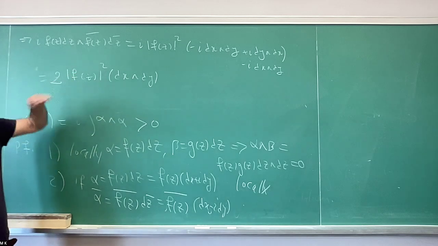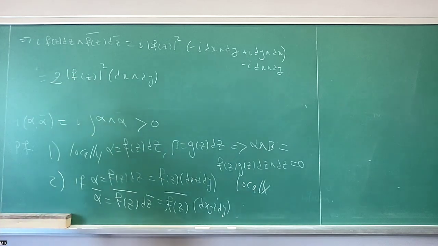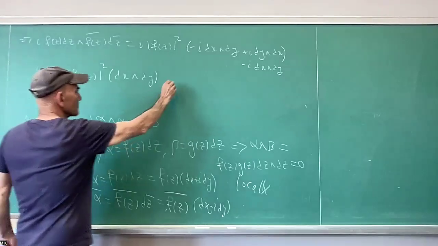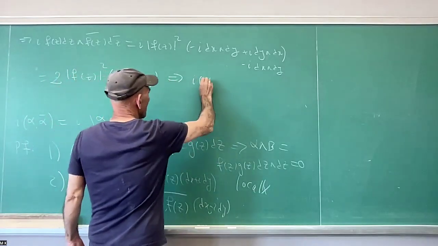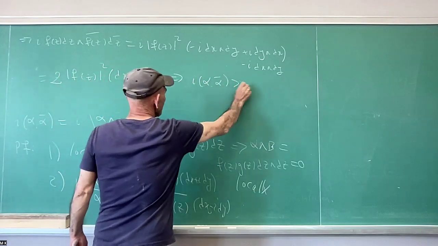When you integrate, you can imagine you just chop the space into small coordinate patches and integrate on each of them, and this just works. It implies that the integral of i alpha wedge alpha bar is positive.